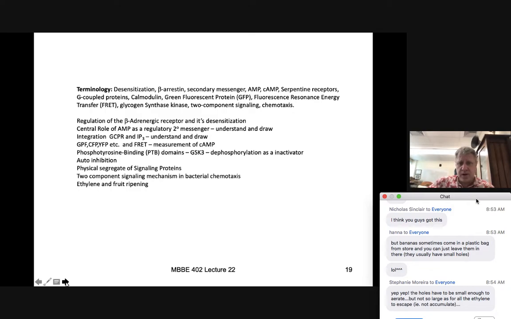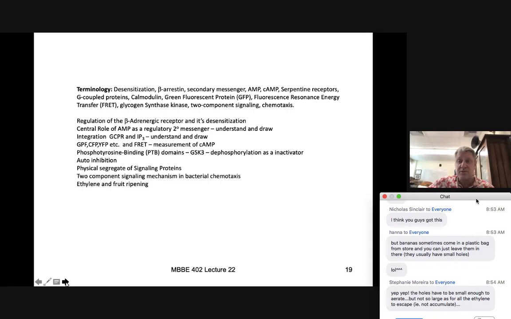But I really want you to understand how we regulate the beta adrenergic receptor and how we desensitize it, moving away from the receptor, from the surface of the membrane. I want to see also your understanding about the central role of cyclic AMP as a secondary messenger. You need to understand and draw it.